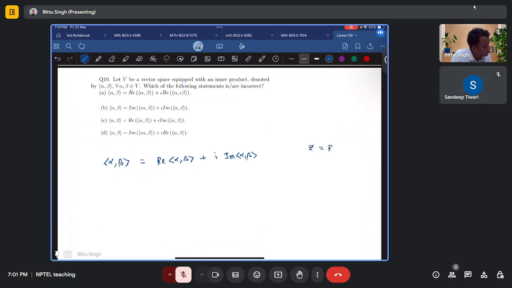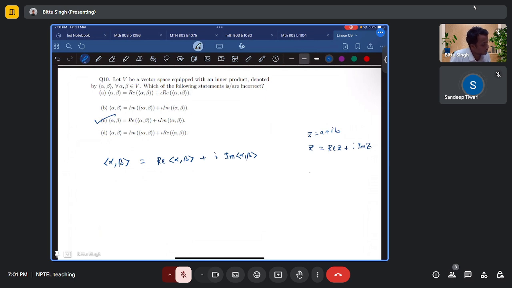Any complex number can be written as z equal to a plus ib, so it can be written as real part plus i times imaginary part. So option C is correct, right? Now let us see what other options are correct or not.